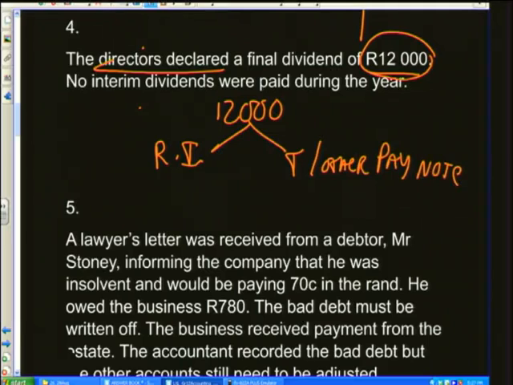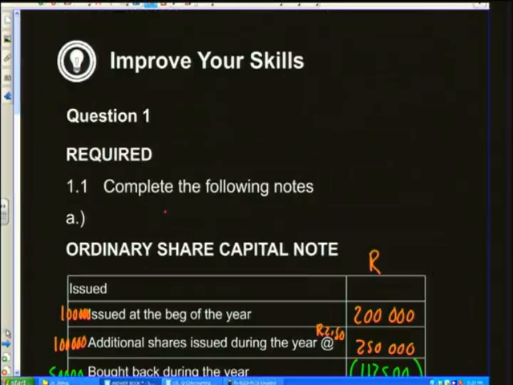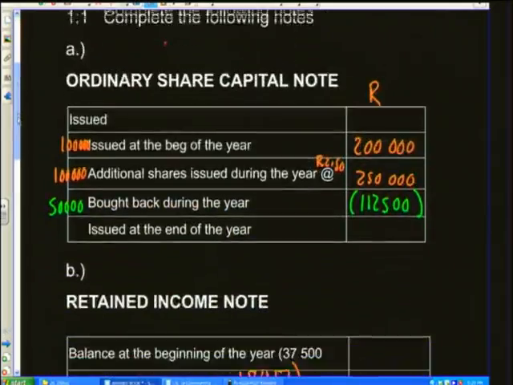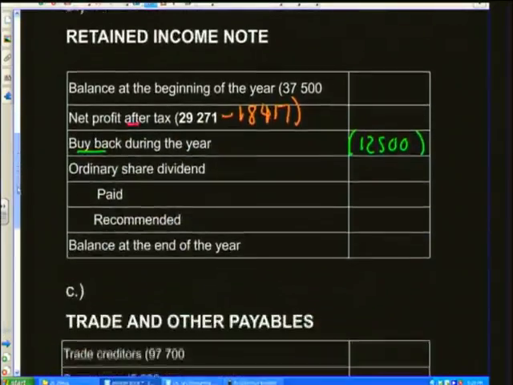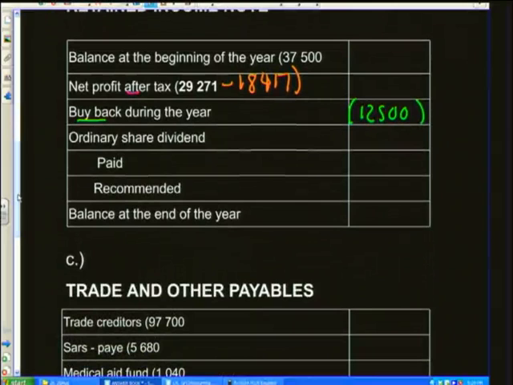Let's go to our notes and enter this 12,000. We're going to start with retained income first. So there's my retained income. Ordinary share dividends paid. There hasn't been an interim dividend, but my recommended, which is the final dividend, is 12,000.